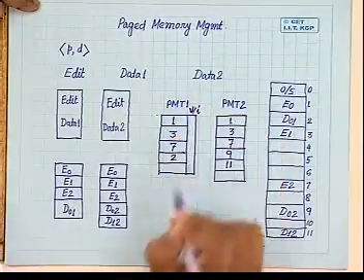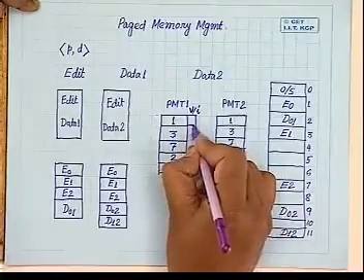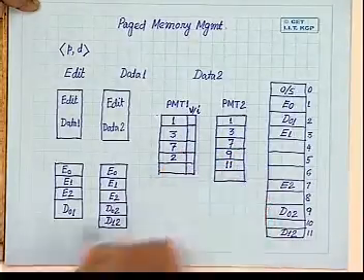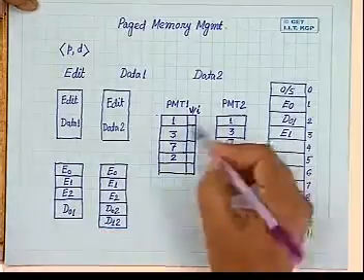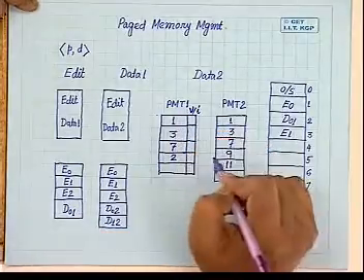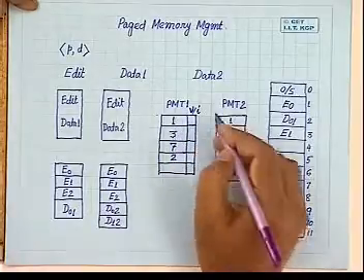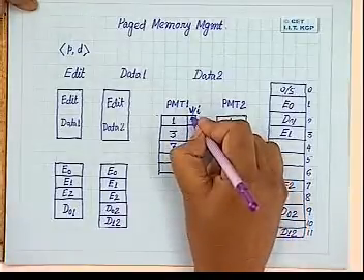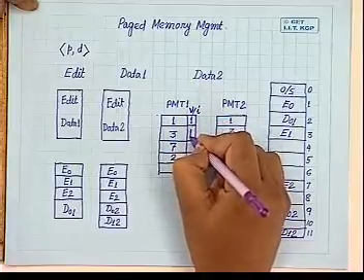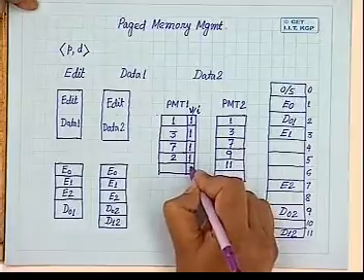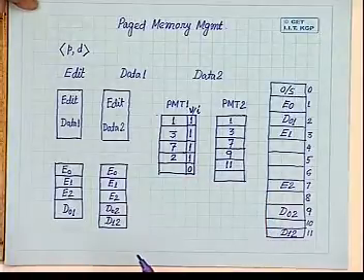Either it is valid or invalid. So, for every entry there is an additional bit. Okay. So, the entries in this page map table which contain the valid page numbers, the corresponding valid invalid bit may be set to 1. Other entries will be set to 0.